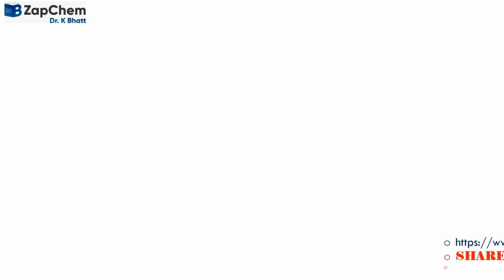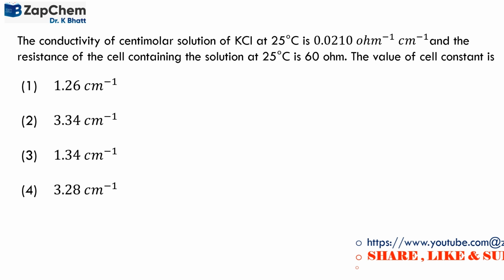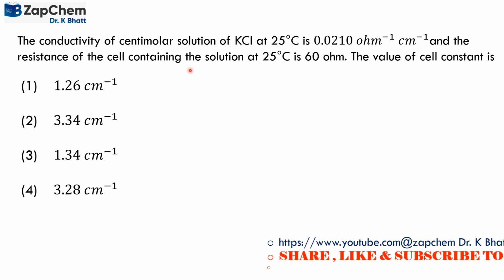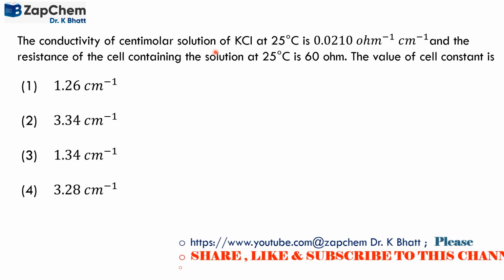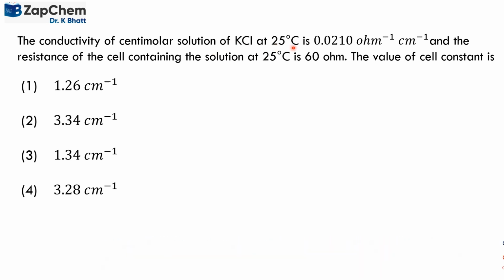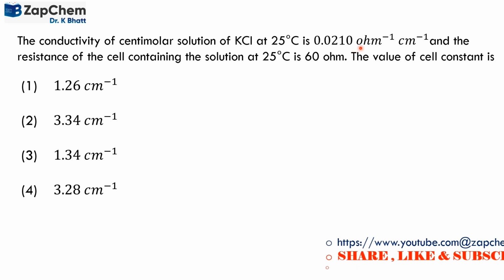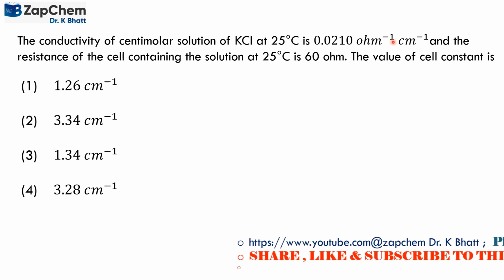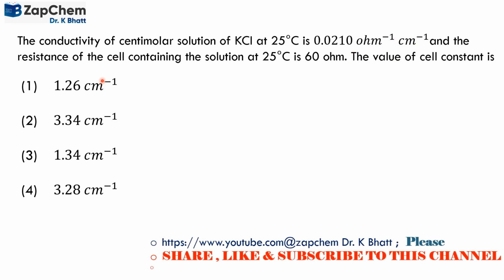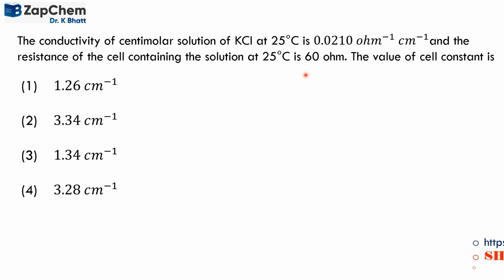Next we move to the next question, and the question is, of course, very straightforward. The conductivity of centimolar solution of KCl at 25 degrees Celsius is given as 0.0210 ohm inverse centimeter inverse, and the resistance is given as 60 ohms. We need to calculate the cell constant.